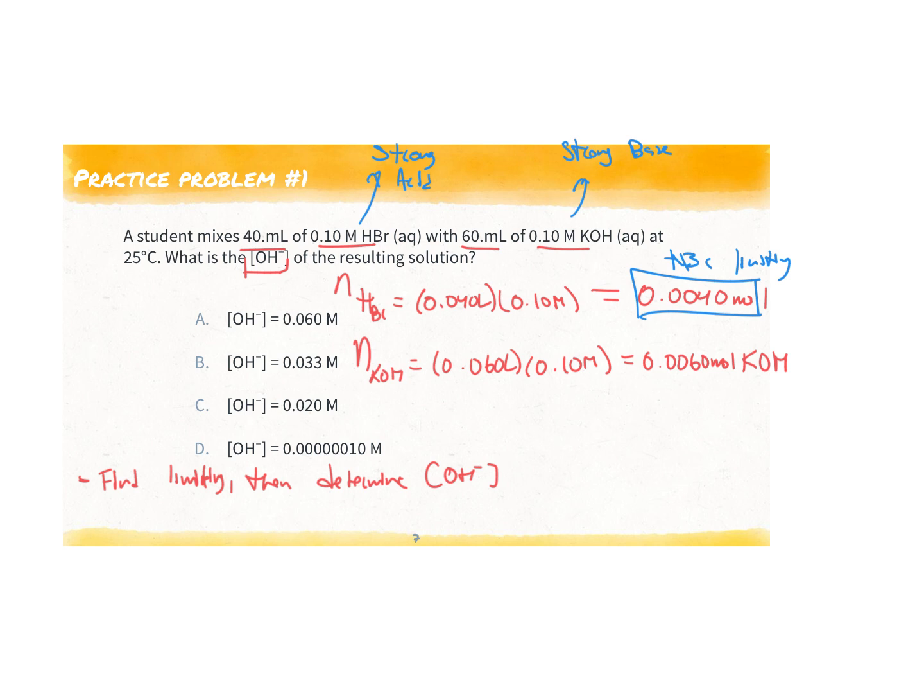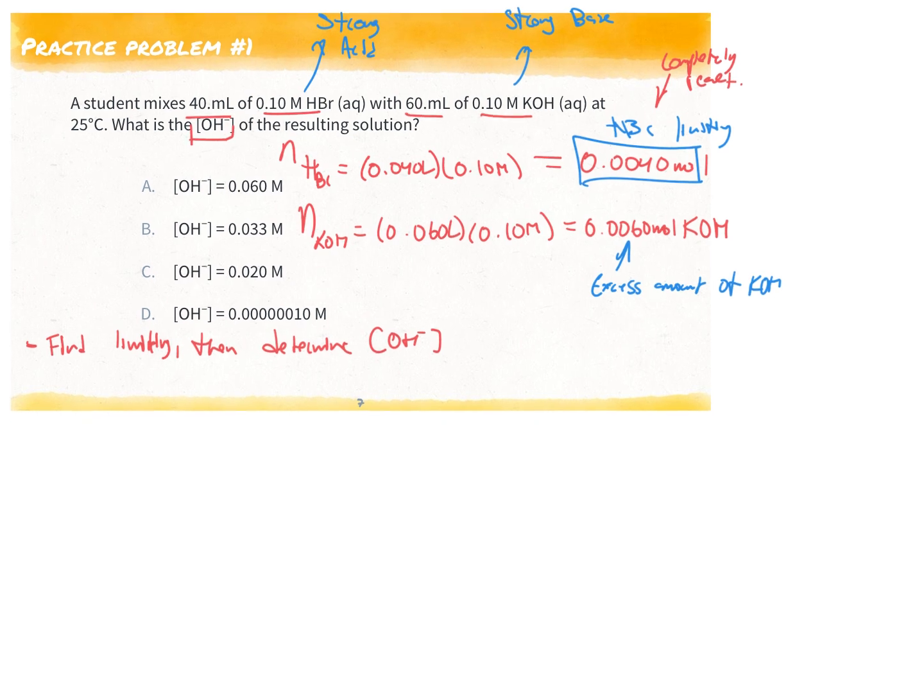And so from here, the math is pretty simple. We know that this is limiting, and so we completely react it. And all we got to do is find the excess amount of KOH. Since they react 1 to 1, you can just subtract them.